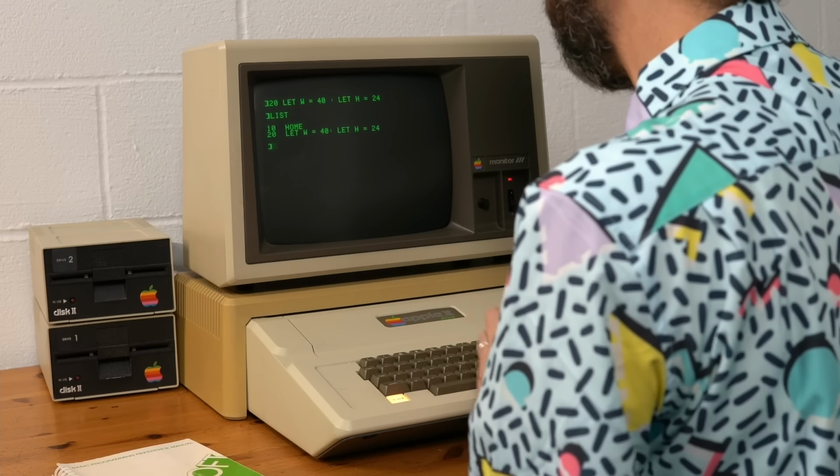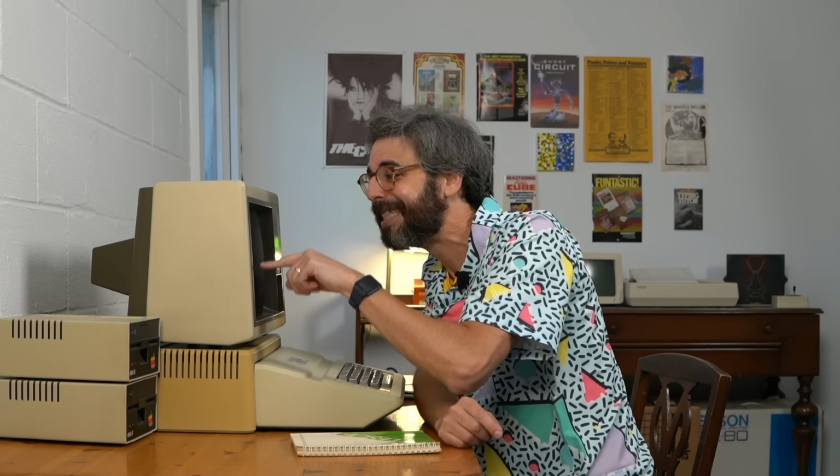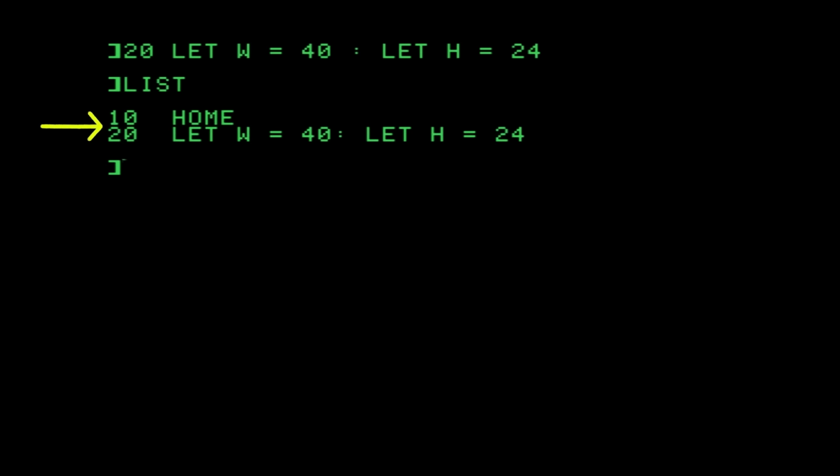And we can take a look at the program and we see what I've got so far. Now it's important here that I'm leaving space between line 10 and line 20, because guess what? If I want to put a line of code in between those, I got no copy paste. I got no move things around, no edit. I would have to actually type in a new line of code. And now I can only put 1, 2, 3, 4, 5, 6, 7, 8, 9 lines of code in between 10 and 20. So far, I don't need that.